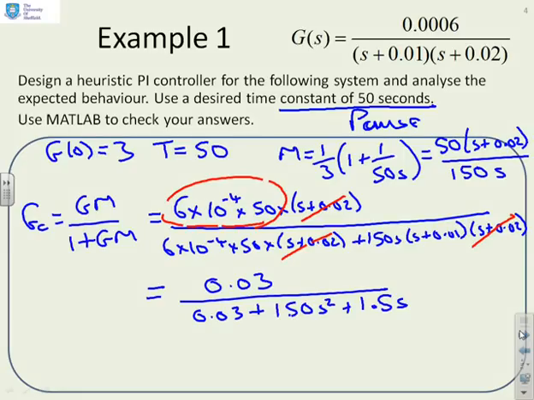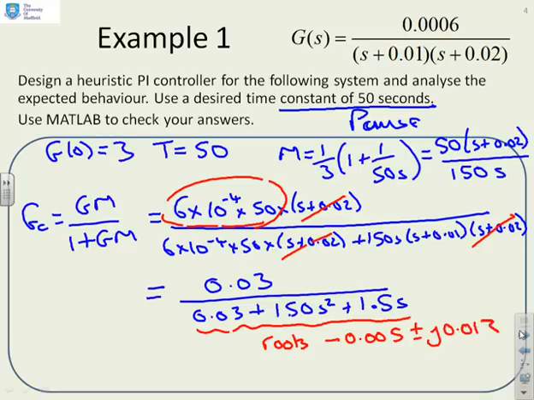And that's your closed loop pole polynomial. Now, you won't be able to do this by inspection, but if you calculate the roots of this using the quadratic formula or otherwise, then what you'll get is minus 0.005 plus or minus j 0.013. So what do you notice?